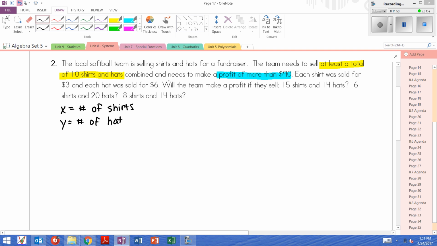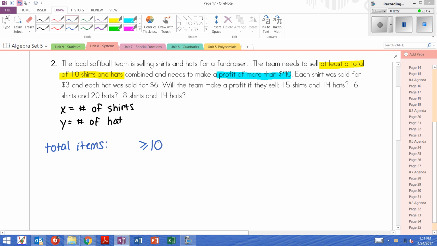Reading into the question a little bit further, it says the team needs to sell at least a total of 10 shirts and hats. Okay, so one of our inequalities has to be total, let's say total items. And we know that our total items have to be at least 10 combined. So that means more than or equal to 10.